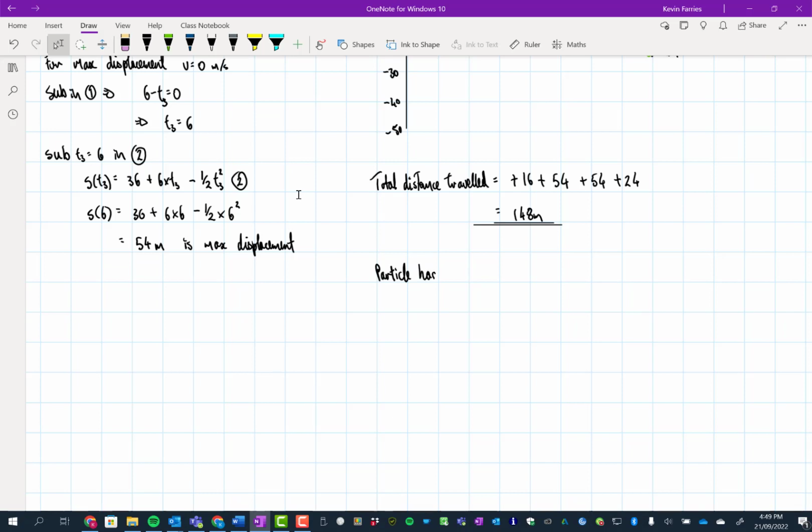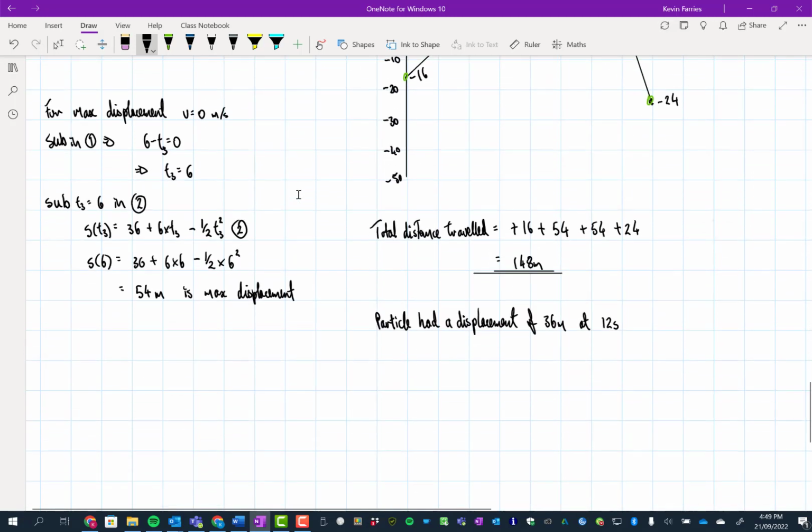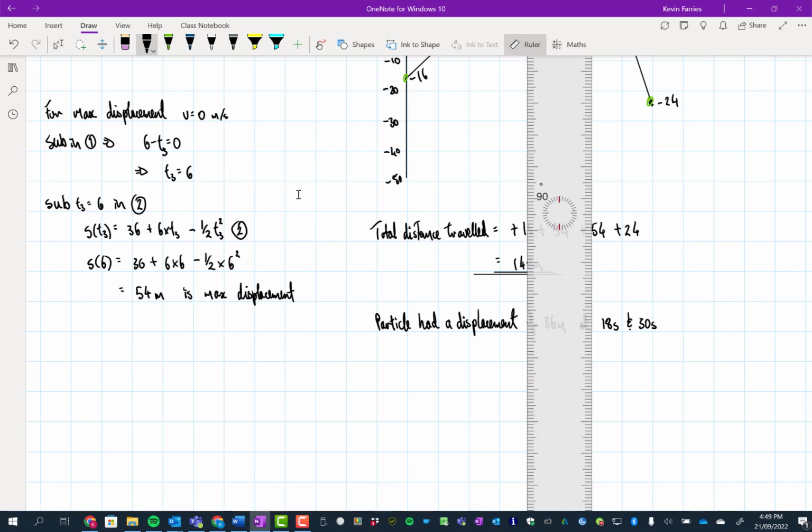So the particle had a displacement of 36 meters at 12 seconds. Go back up and check. Sorry, 18 seconds was the end of stage 2. And 30 seconds was the end of stage 3.